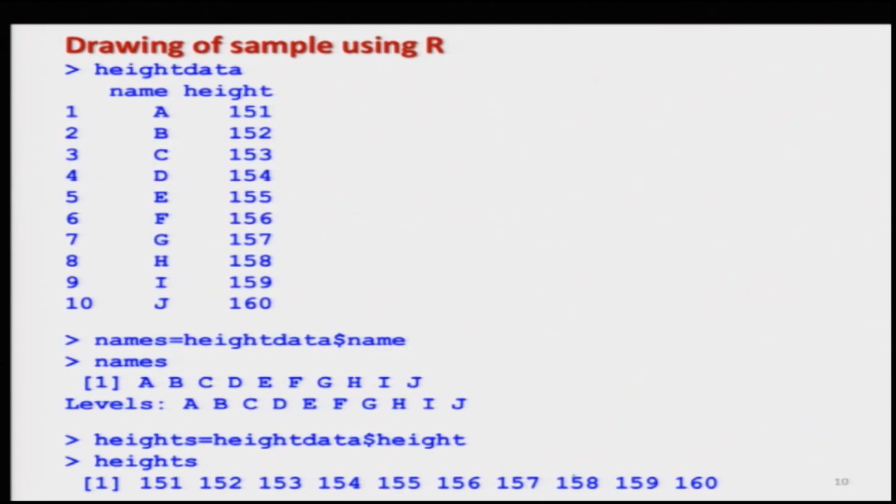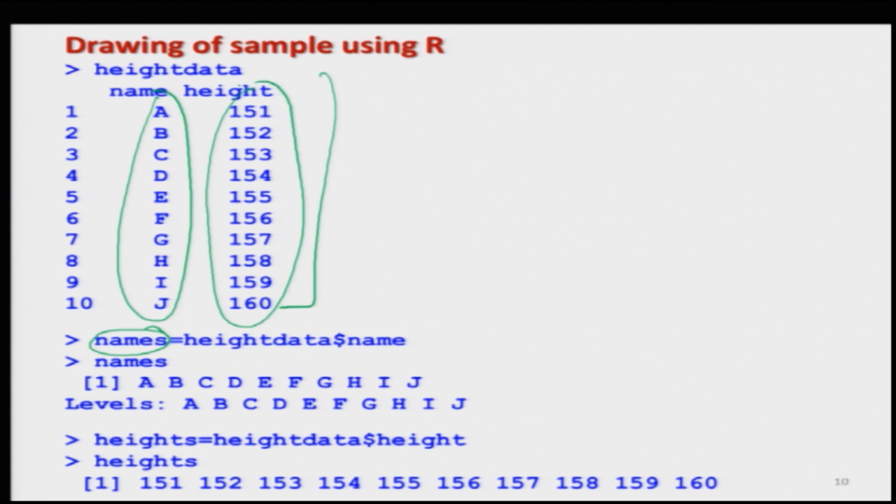That is exactly the same thing that we did in the last lecture, and this is my data frame. From this data frame, if you want to extract the data on individual variables, for example the data on name, I had given it the name names, and if you want to extract the data on height, I had given the name heights. The command to extract this data is that first you write the name of the data frame followed by the variable name joined by a $ sign.